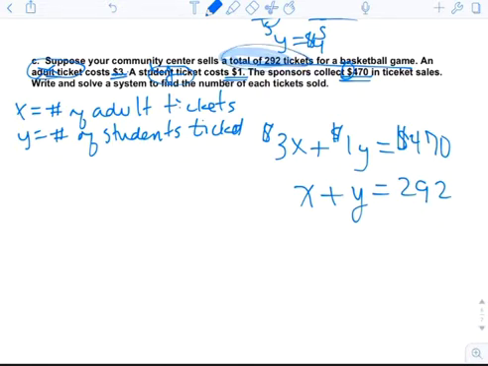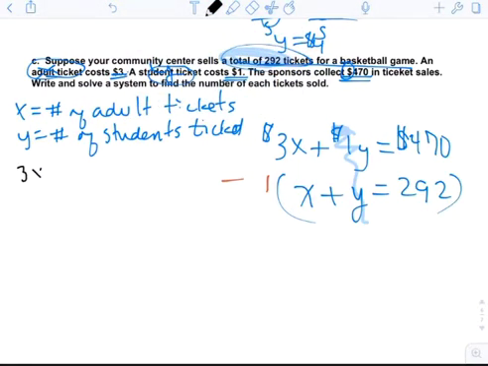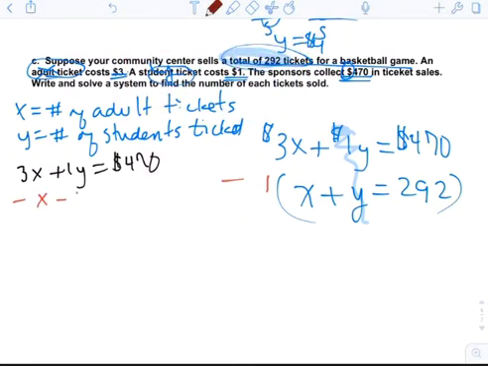Use elimination to eliminate the y. Y is easiest, it's already 1, so you need to multiply only that by -1. So you have 3x plus 1y equals $470. And the other one, you get -x minus y equals -292.